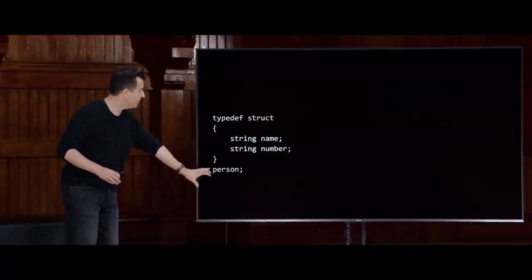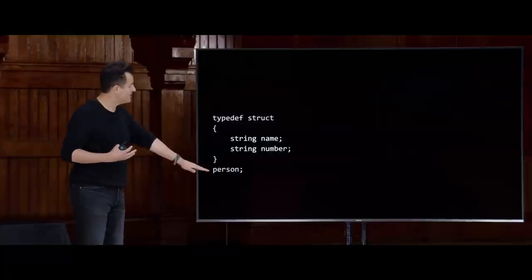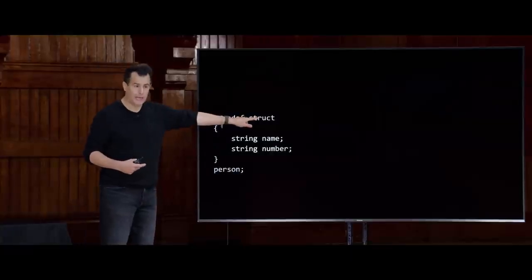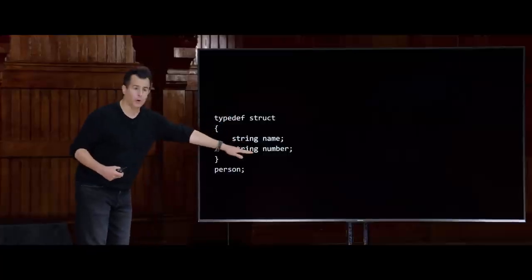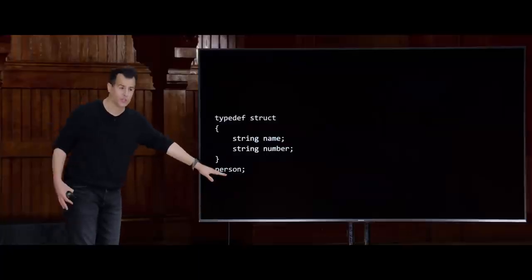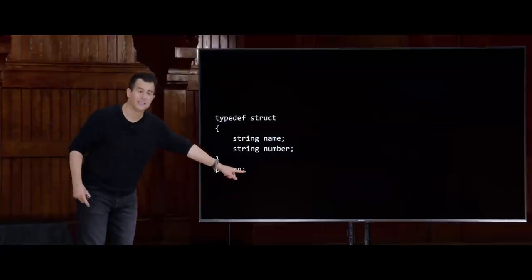And even though this looks a bit cryptic, what this chunk of code here is saying is define a type that is itself a structure, inside of which is both a name and a number, which are both strings in this case, and call that whole new structure person. So as soon as the compiler gets to the semicolon, a person data type does now exist. And inside of that data type is two things, a name and a number.